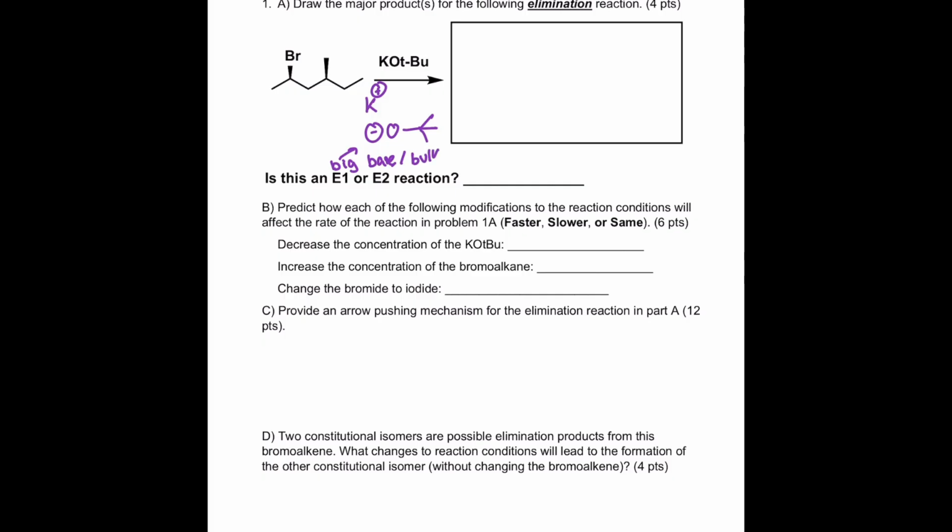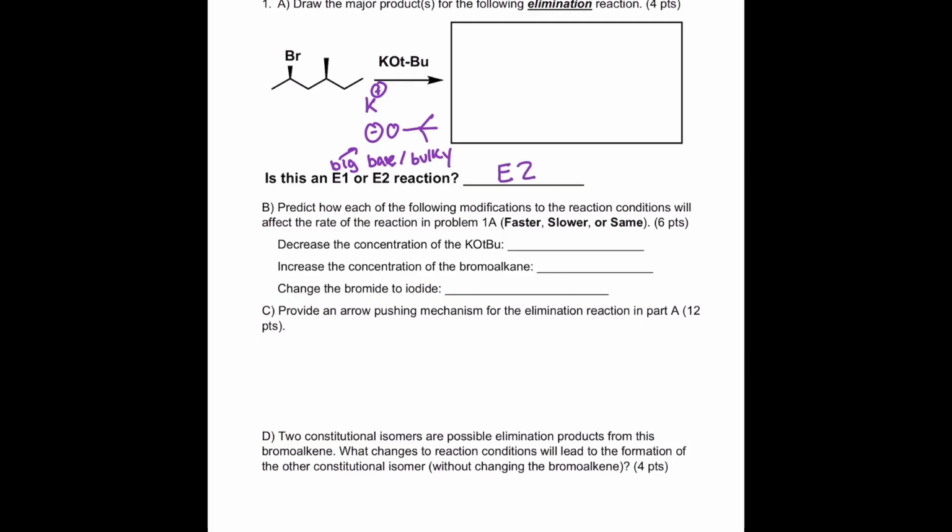I know that's how people like to say it. So this is going to be our big bulky base. Something that we know with bulky bases is that they are usually going to be an E2 reaction. You can't do an E1 reaction with bulky bases. So we know this is going to be an E2 reaction.